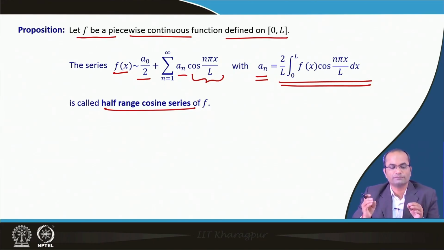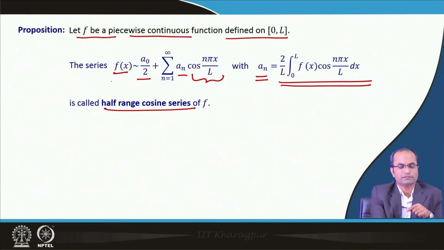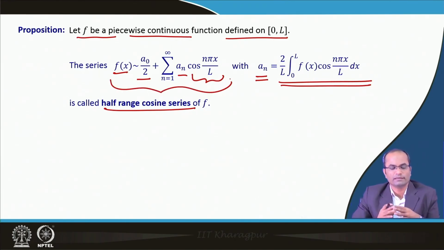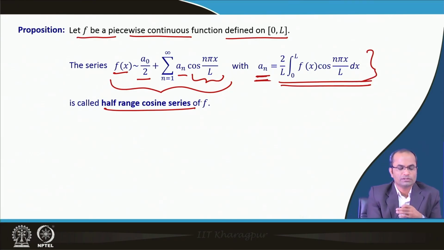We have extended the function f in the range minus L to L, minus L to 0, so that the whole function becomes an even function, and then we can write its Fourier series, which will be automatically a cosine series given here, whose a n's we can compute with this formula and b n's naturally will be 0. So, this is called half range cosine series.